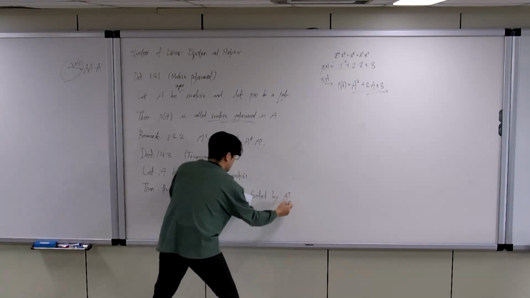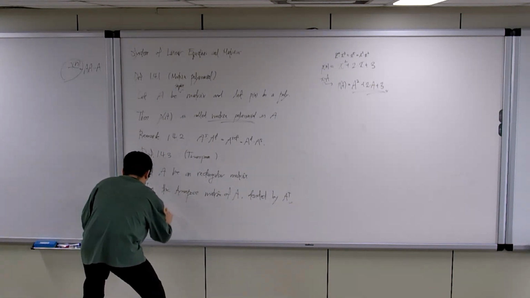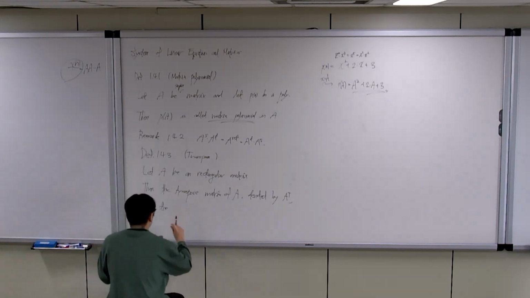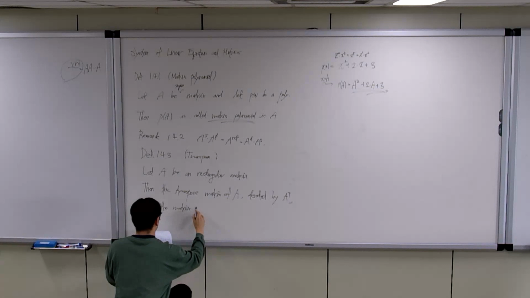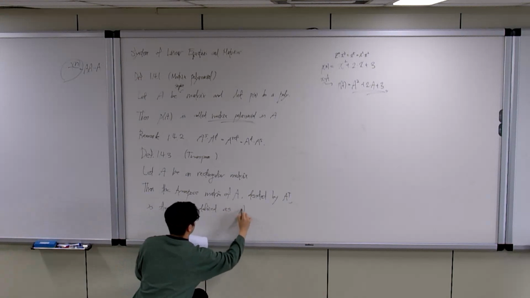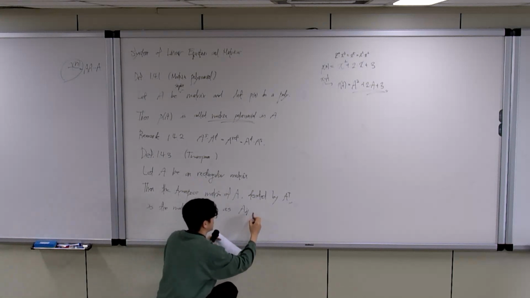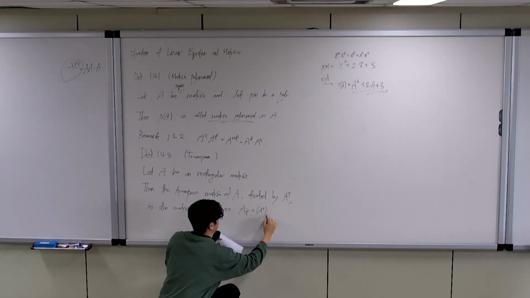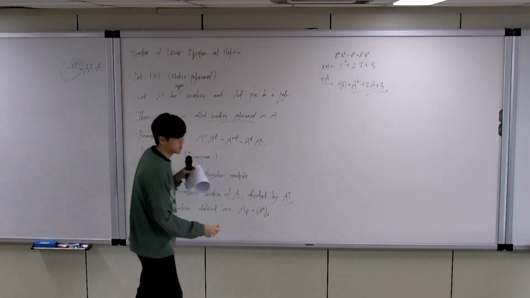A to the T is the matrix that transposes the matrix. That means the entry in the i-th row and j-th column of A is the same as the entry in the j-th row and i-th column of the transpose matrix.